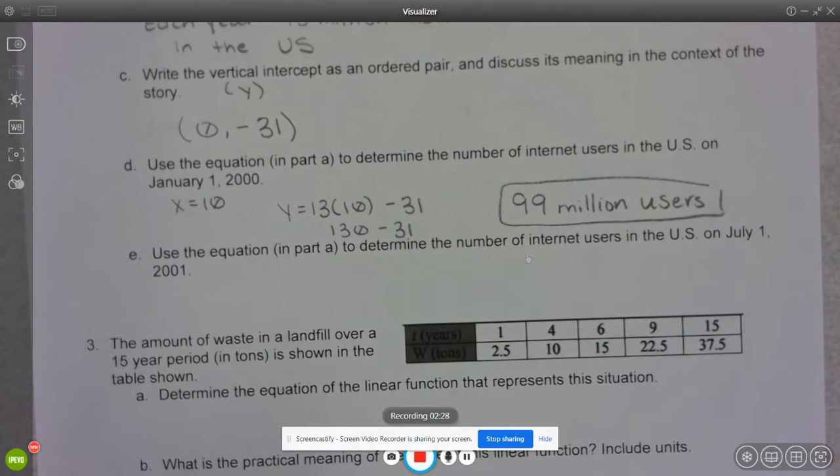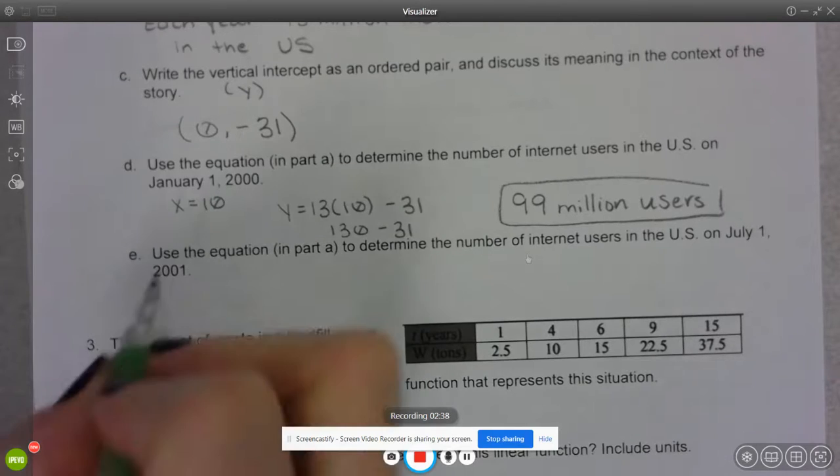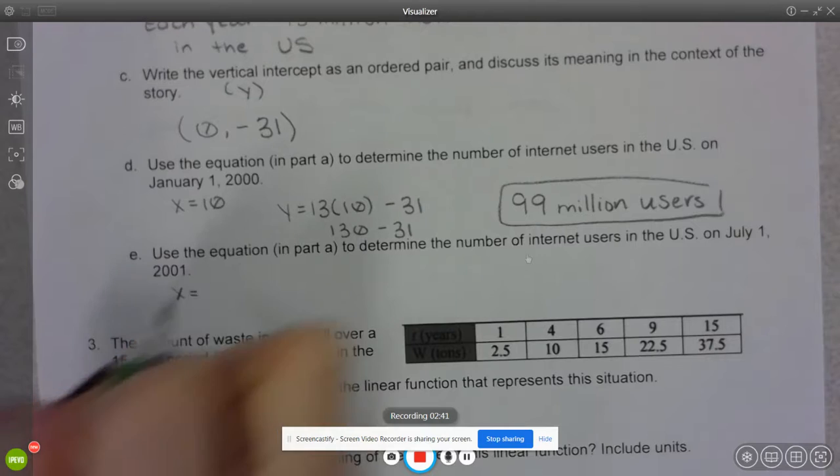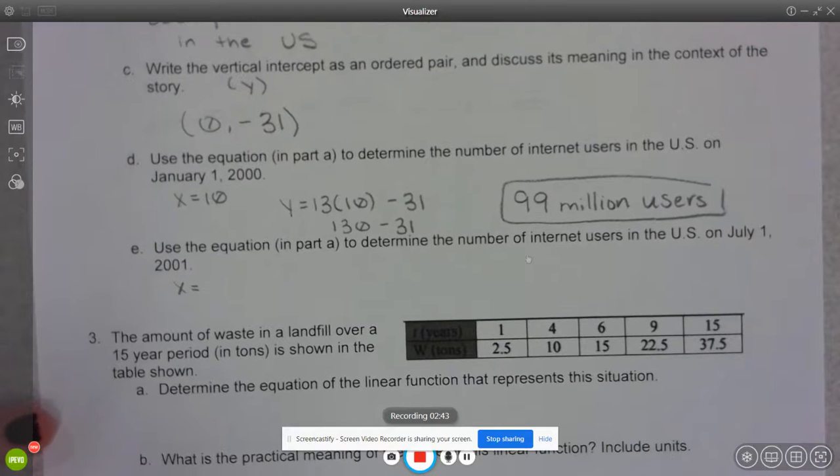But they're not saying January in this one, they're saying July. So that's 6 months later. That's half a year later. So my x value isn't going to be a whole number in this case. It's actually going to be halfway through.